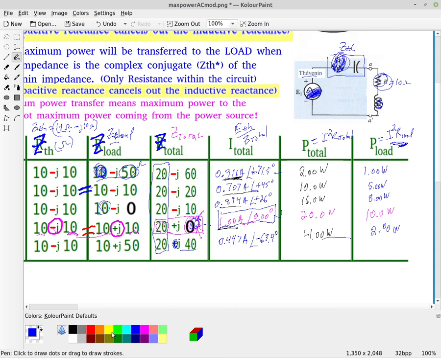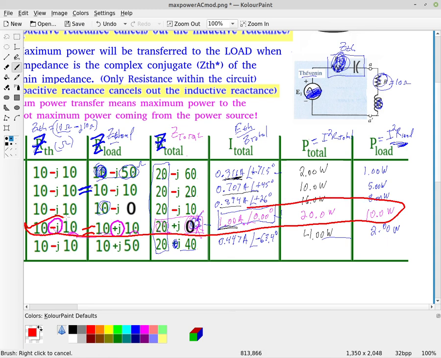But hopefully you can clearly see now that maximum power is occurring at the point where Z Thevenin is the complex conjugate of Z load, so that the capacitive values and the inductive values are equal but opposite signs, and so they cancel out. And that gives us the maximum power to the load.